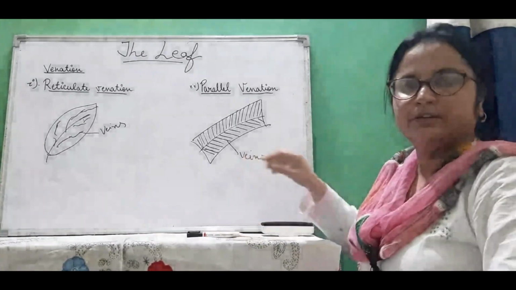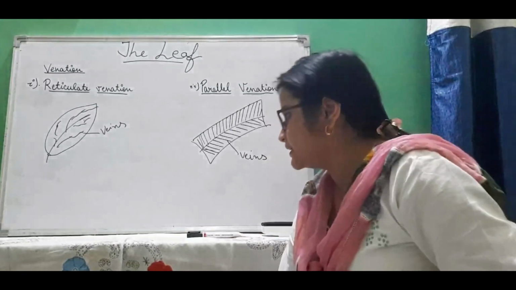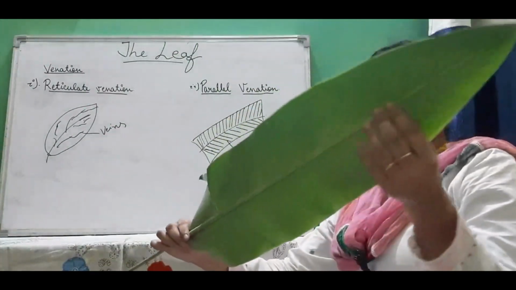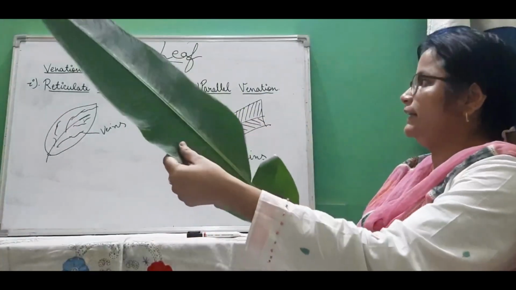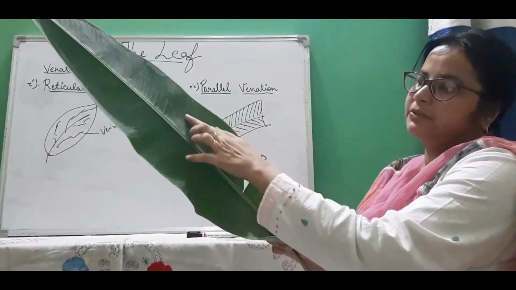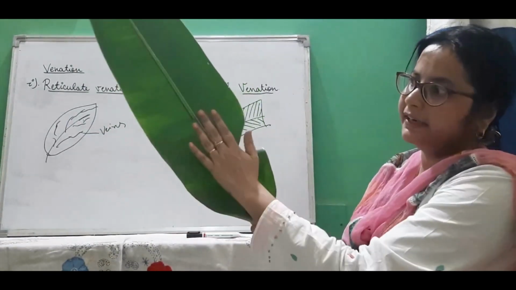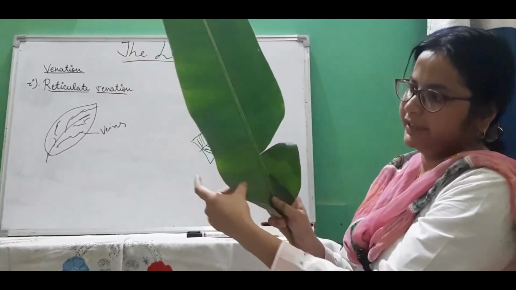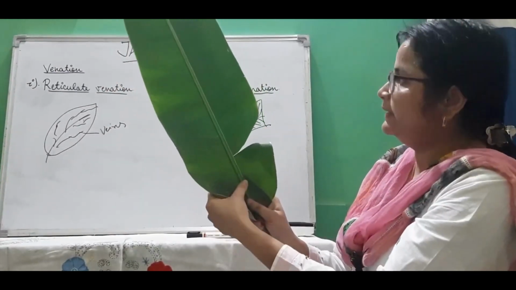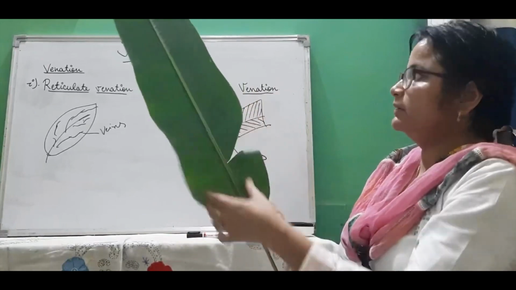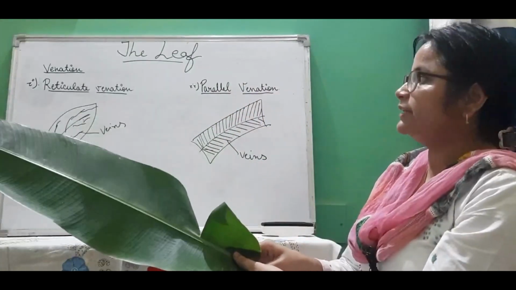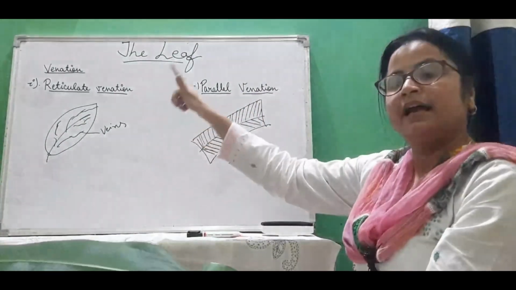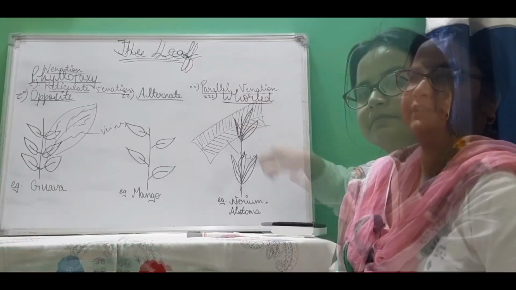You have already seen the banana leaf. In this banana leaf, the veins are not divided into a network, but run parallel in the lamina, this green portion. So there are two types of venation, reticulate venation and parallel venation.